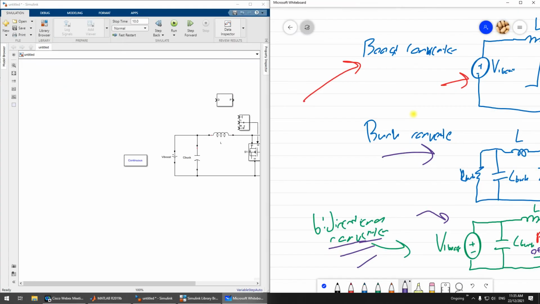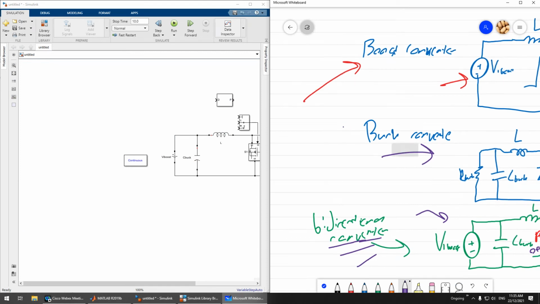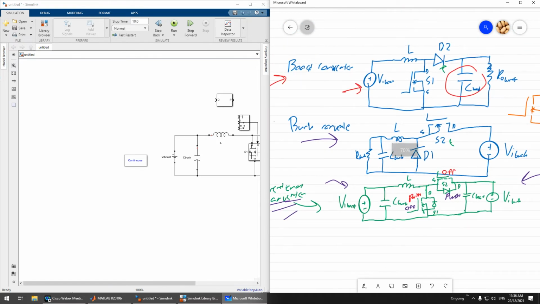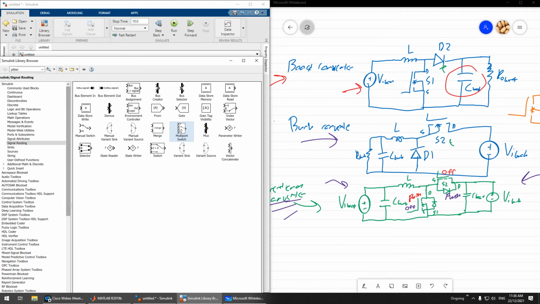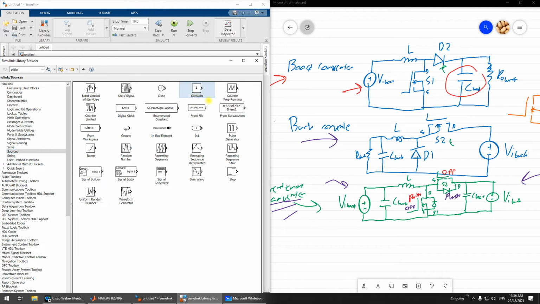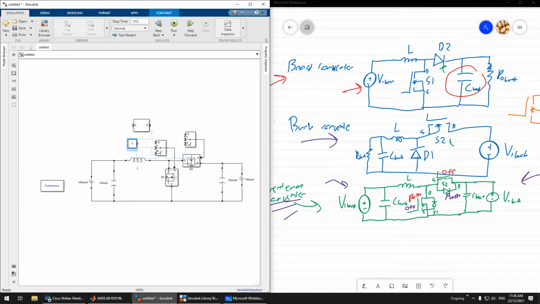So you look back at the design here. Okay, and then you need to have the constant. The constant is the same one. So basically, if you want to operate as buck or boost converter mode, you just write it here.